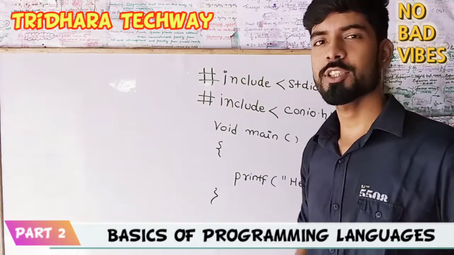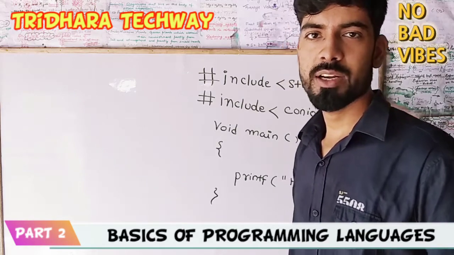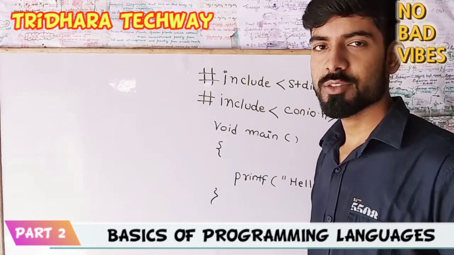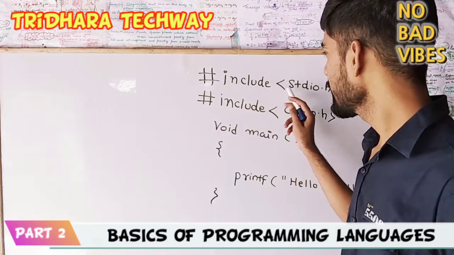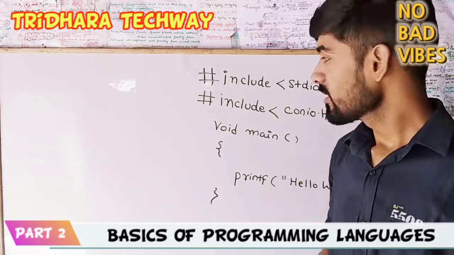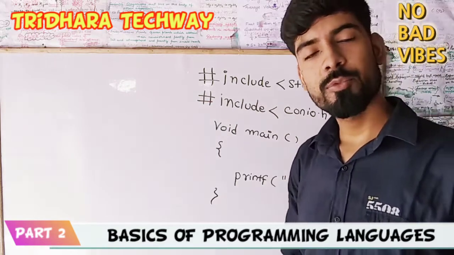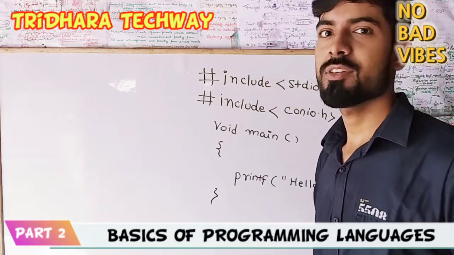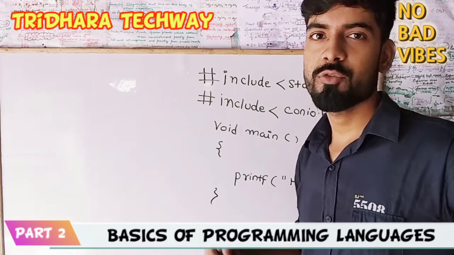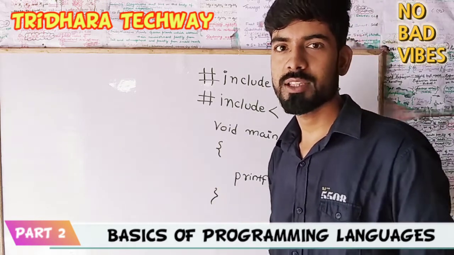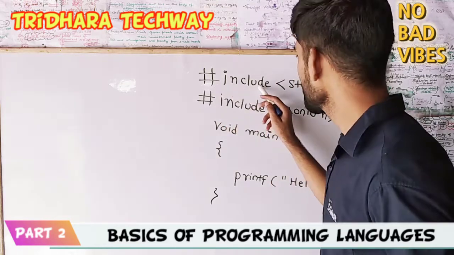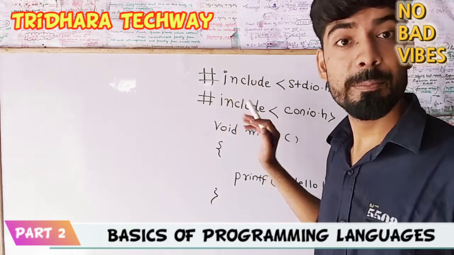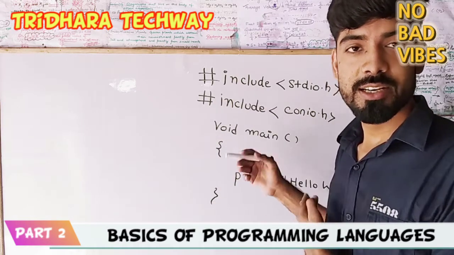So this is the very first program in C language for printing hello world on your computer screen. As you can see, the very first line in this program has #include <stdio.h>. These two lines have to be used in every program you are writing in C language. So let's understand what these two lines mean. The # signifies that this is a preprocessor statement.